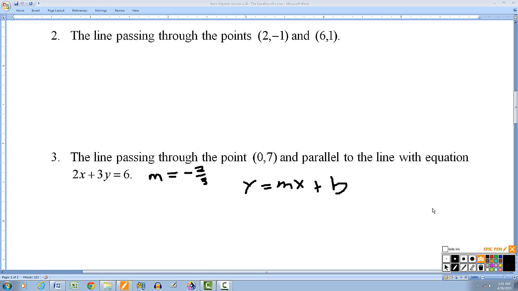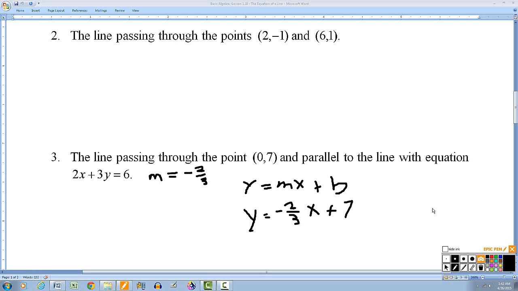So the equation I'm looking for then also has a slope of negative 2/3, so the m is negative 2/3 here. And the b, in this case, would be 7, because 0, 7 is the y-intercept. So y equal to negative 2/3 x plus 7 is the equation of the line that's parallel to this given one.